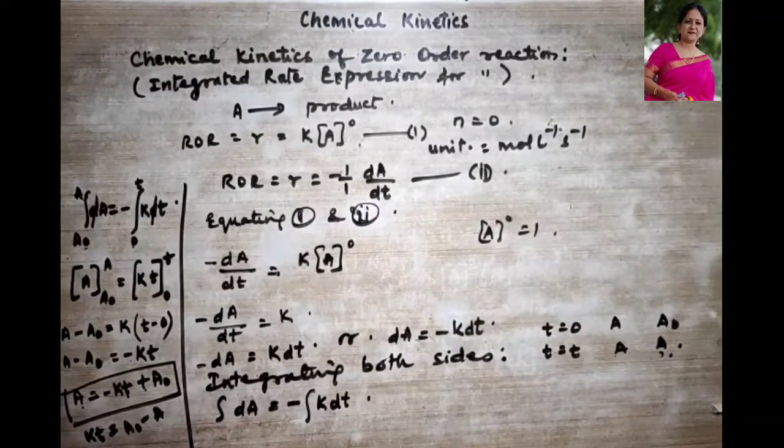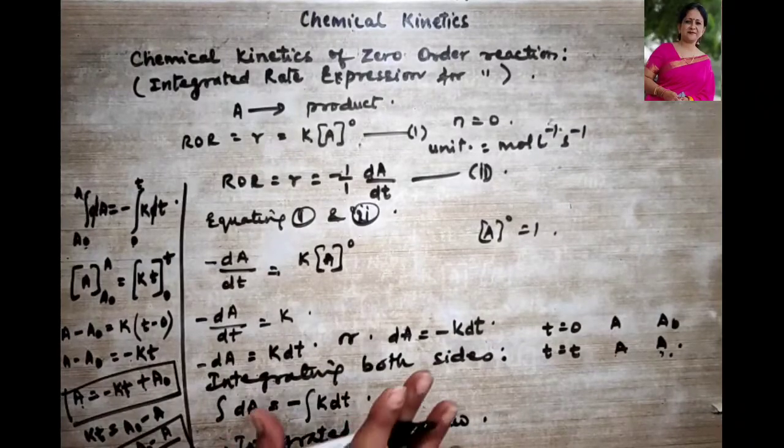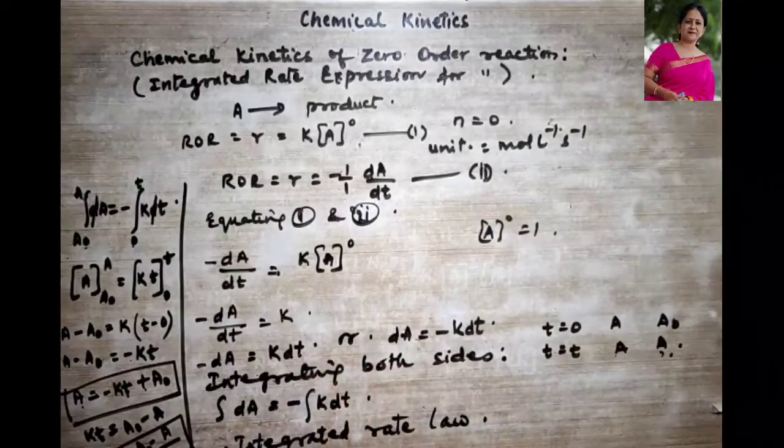Then your k will be equal to what? A0 minus A upon t. Clear? So this is your integrated rate law.